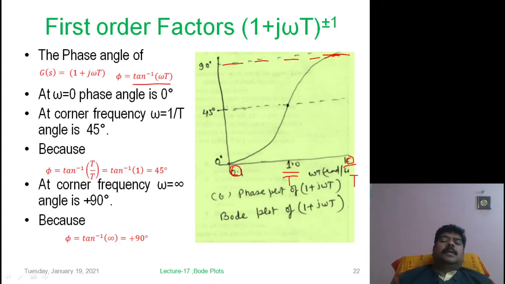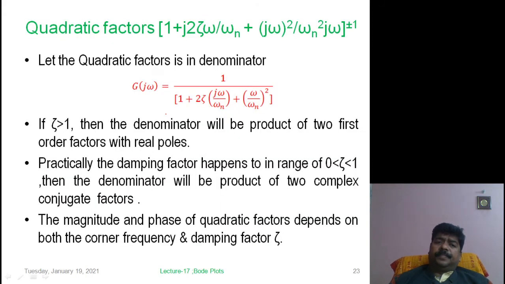So this is the first order factor if this factor lies in the numerator. Now the third factor, that is the quadratic factor. Here you can write this quadratic factor as 1 plus j 2 zeta omega by omega n plus j omega square by omega n square.